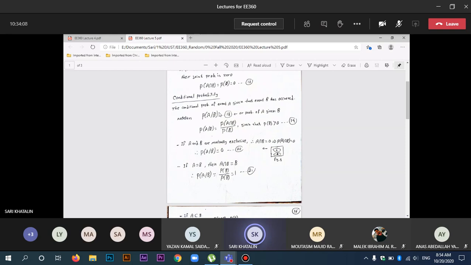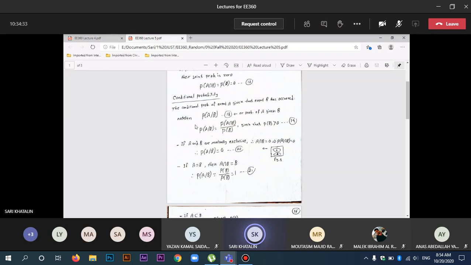So we say the probability of event A happening given that event B happened. For A to occur, B would have to have occurred. That's basically what we're saying about the conditional.